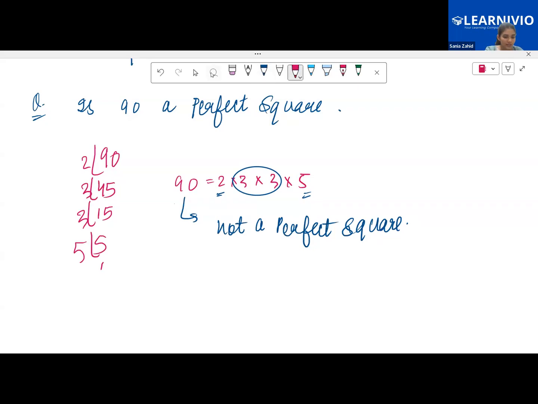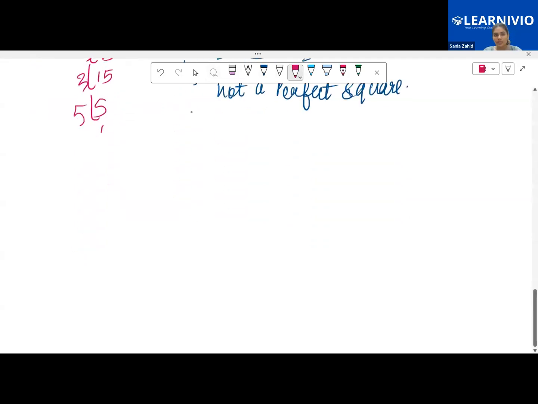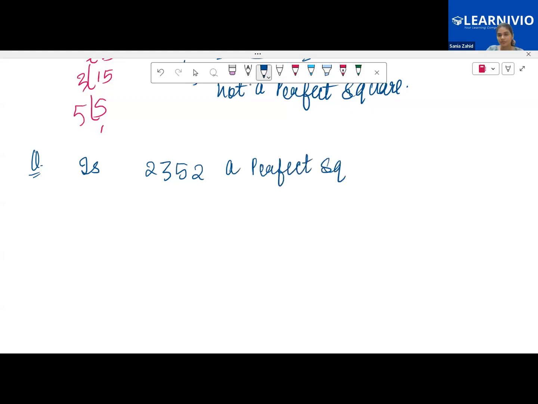So the next question we have is, let's suppose first they are asking you, is 2352 a perfect square? First find the answer to this part of the question.